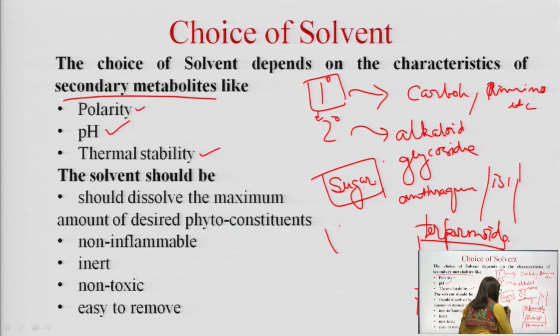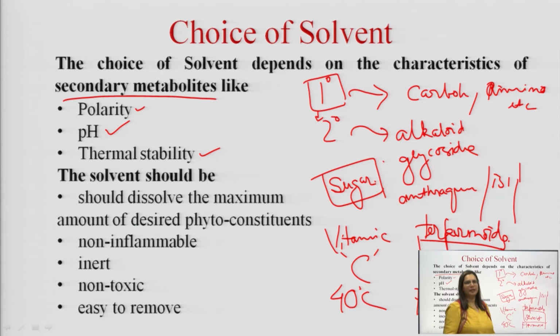For example, if we take vitamin C of the citrus fruits, at or above 40 degrees it gets easily denatured. So any solvent choice which will affect its stability, or which will require a higher temperature to extract vitamin C, will obviously decrease the amount of vitamin C extracted and will cause denaturation of vitamin C.